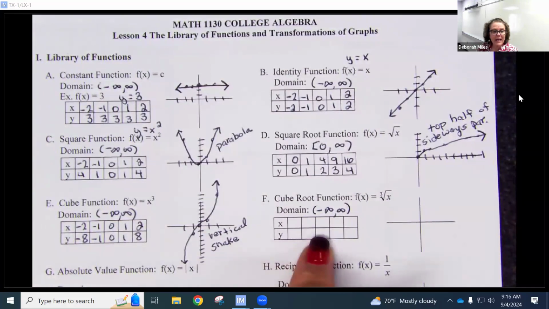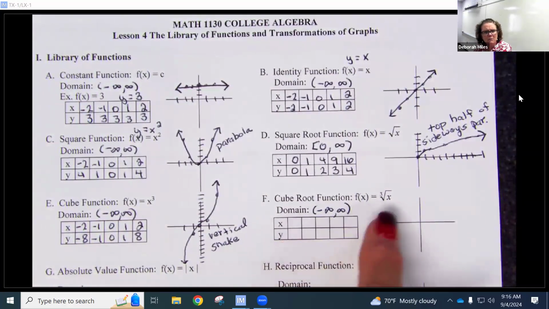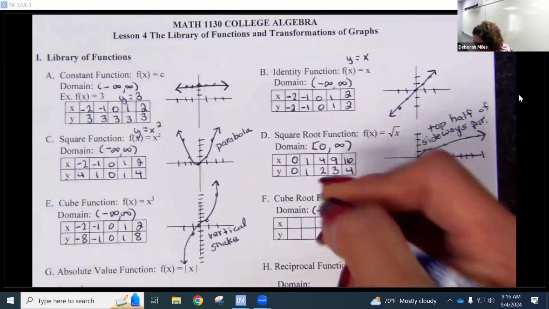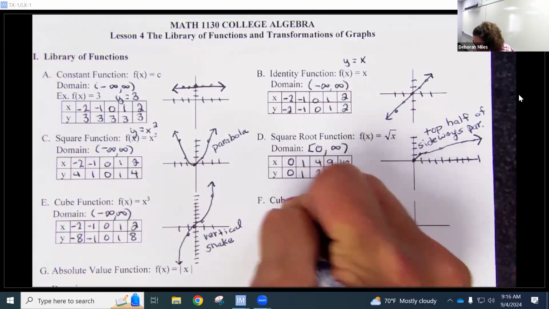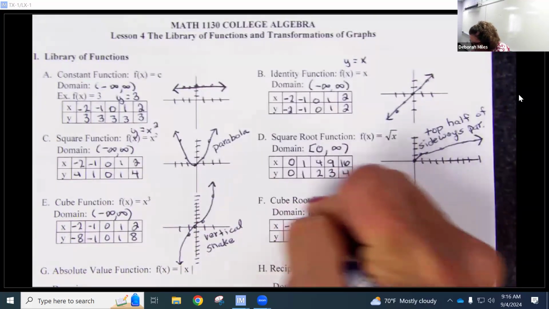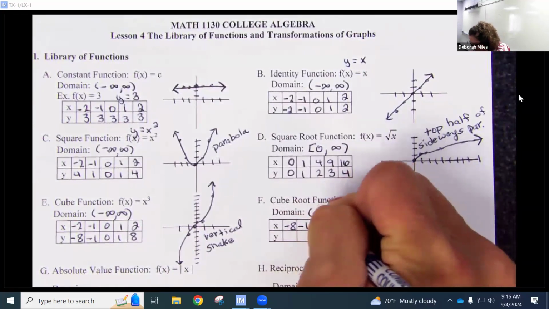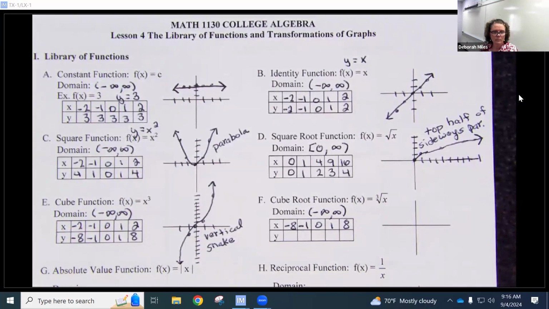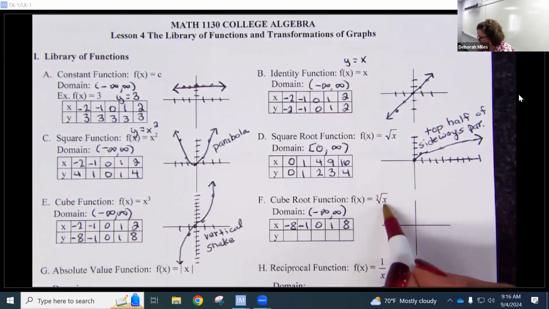And I'm going to choose my x's to be some perfect cubes so that I can take the cube root without having to punch it on my calculator. My first few perfect cubes in the negative direction: let's say -8 is a perfect cube, -1 is a perfect cube, 0, 1, and 8 are all perfect cubes. And then just take the cube root of each of those.